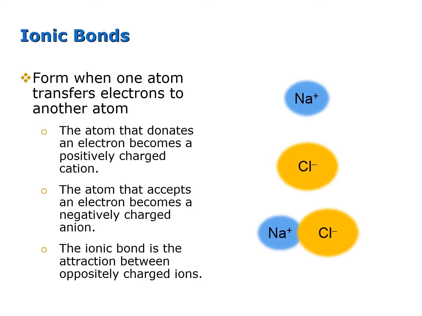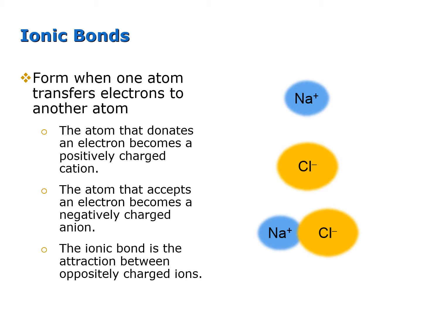Remember that the further it is from the nucleus, the smaller or the weaker the attraction is. In other words, to become stable, sodium has an ability to lose that outer electron, to donate it to a different atom. If it's losing that electron, sodium becomes charged positive, and it will be called a cation.